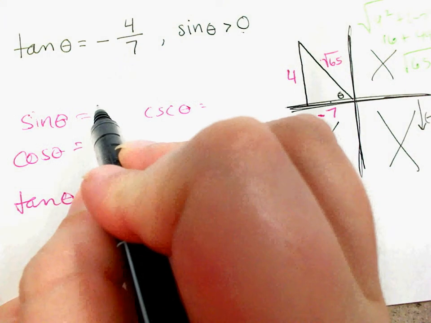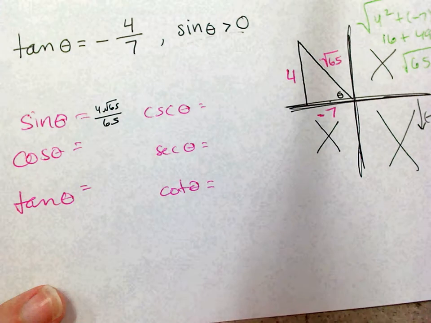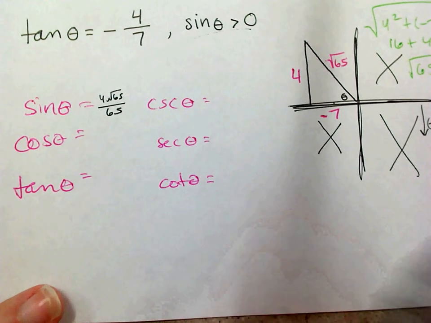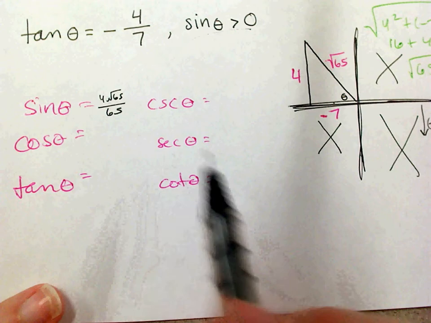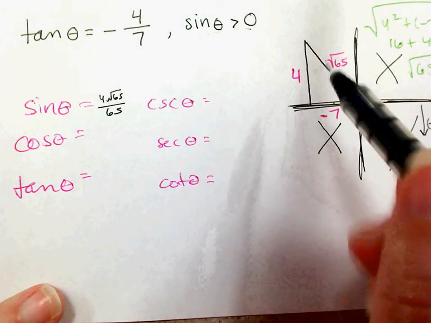You guys agree? Okay. So, Sam, what does that make cosecant? Good. Cosecant's reciprocal of sine. Sine is opposite over hypotenuse, so hypotenuse over opposite. Square root of 65 over 4.